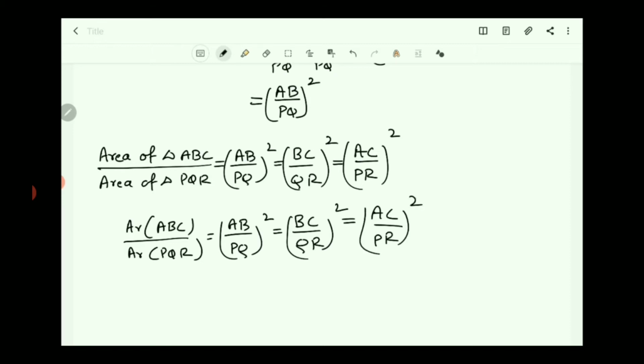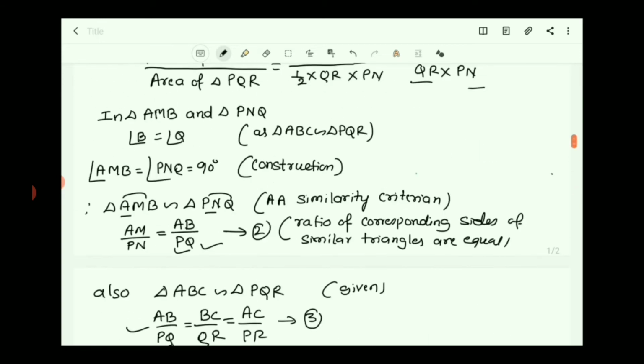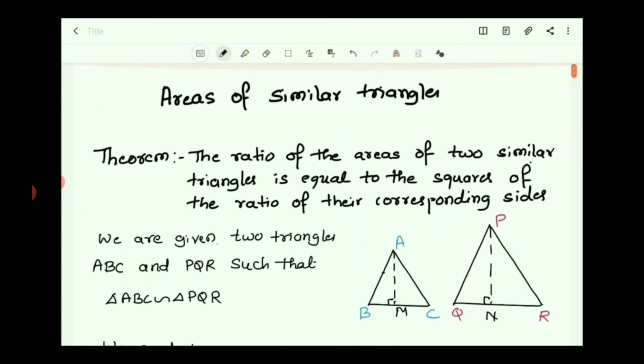In this way, you prove that areas of similar triangles are proportional to the squares of their corresponding sides. That is, the ratio of the areas of two similar triangles is equal to the square of the ratio of their corresponding sides. We got the result here. So, if two triangles are similar, their areas are proportional to the squares on their corresponding sides.